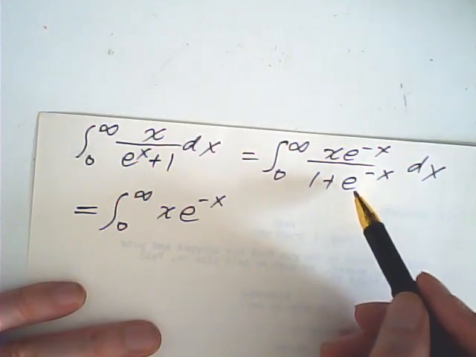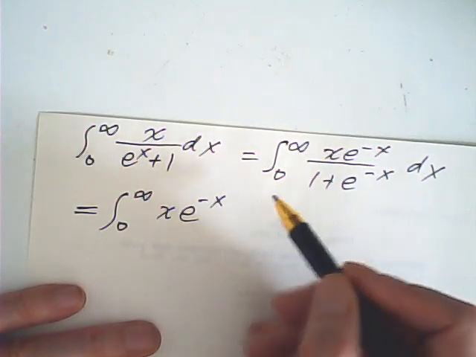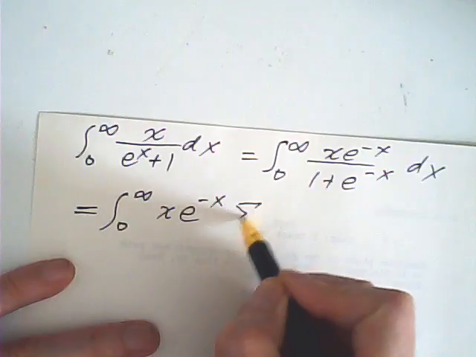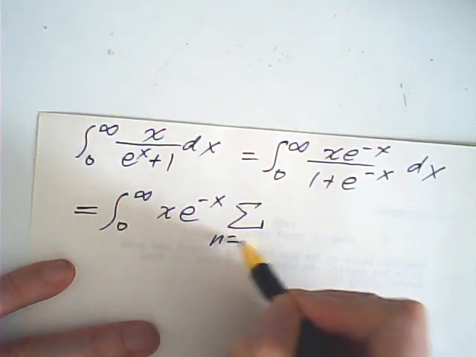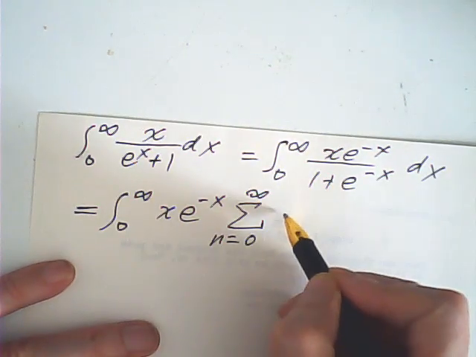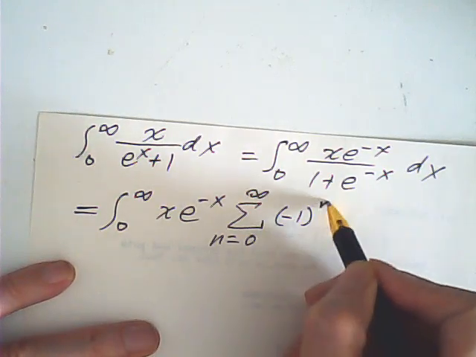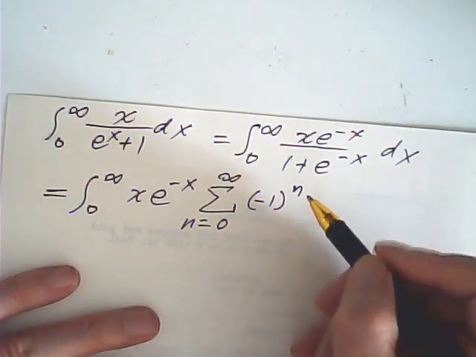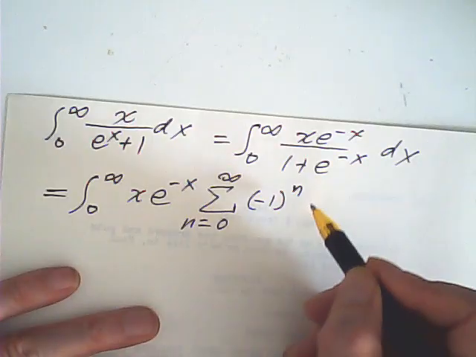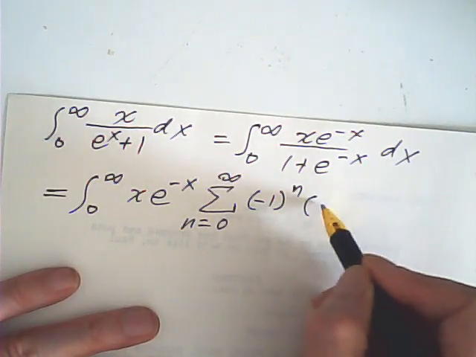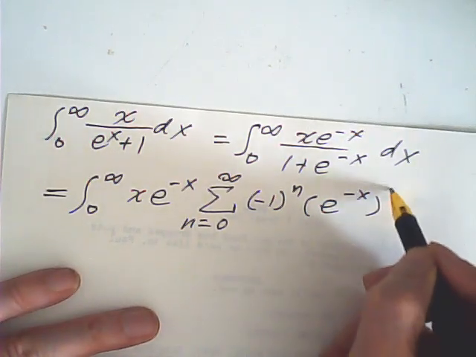The denominator can be expanded as a power series: the sum from n equals 0 to infinity, alternating, negative 1 to the n, and e to the negative x to the n.